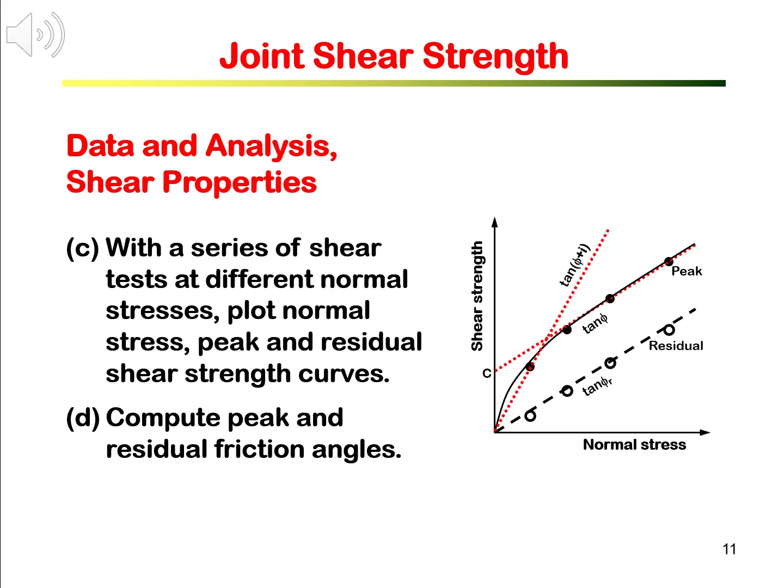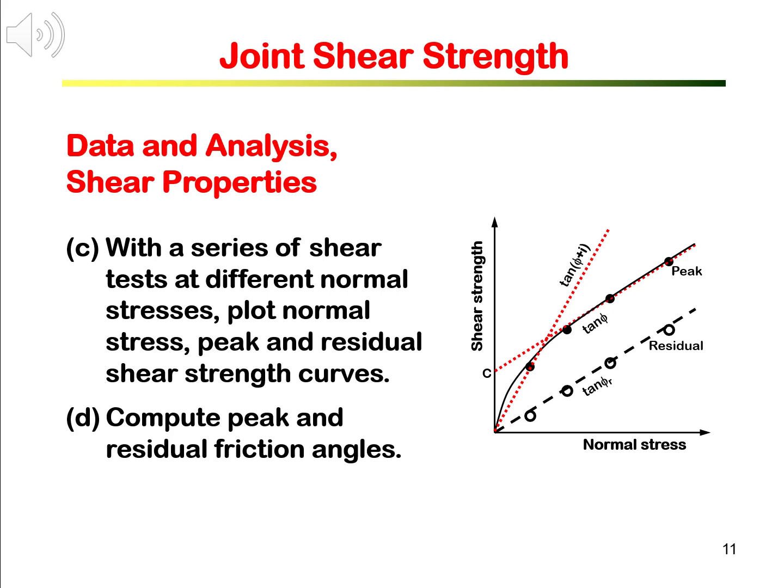We can find the various shear strength parameters from those plots, such as the friction angle phi, the residual friction angle phi r, the cohesion c, and the initial dilation angle i, as illustrated on the right diagram.